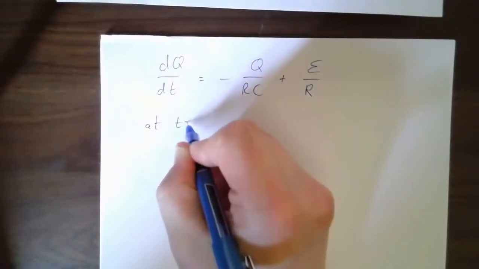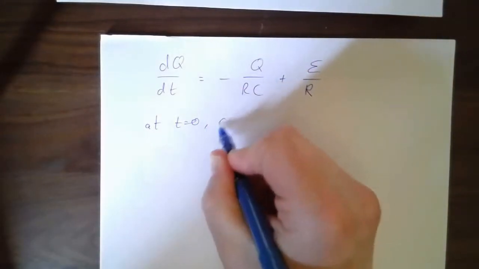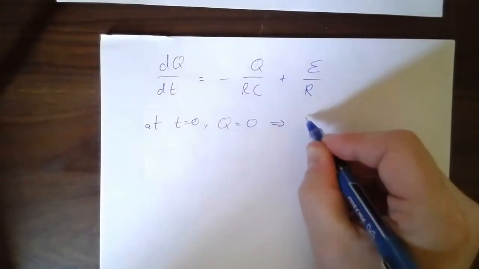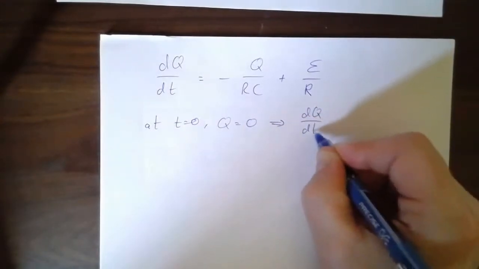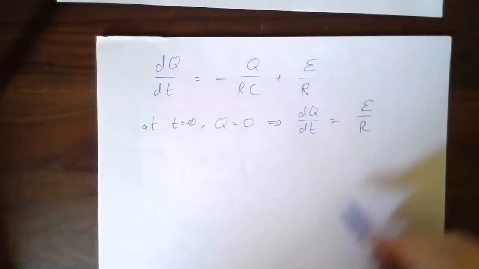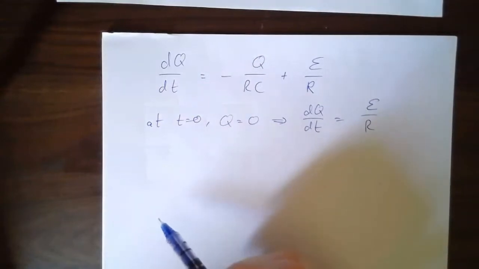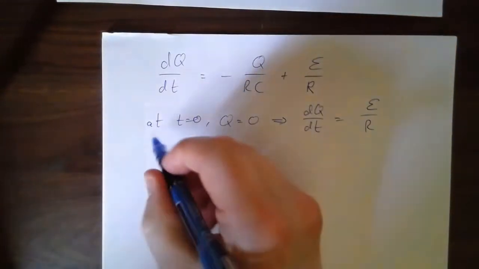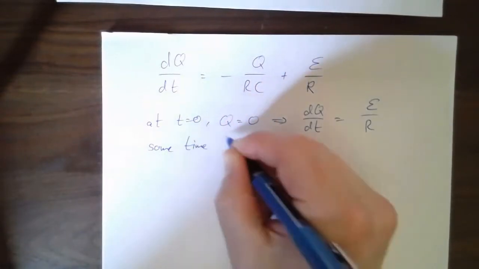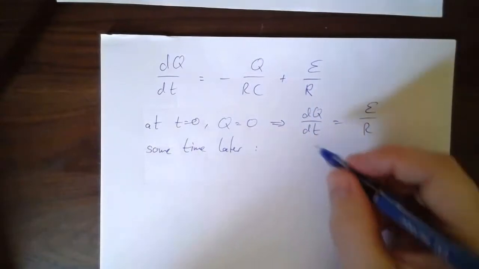So at t equals 0, I've got Q equals 0. That was my initial condition. So that implies that dQ/dt, in other words the current, is the voltage of the battery divided by R. That makes sense. At t equals late, sometime in the far future, the charge gets bigger.